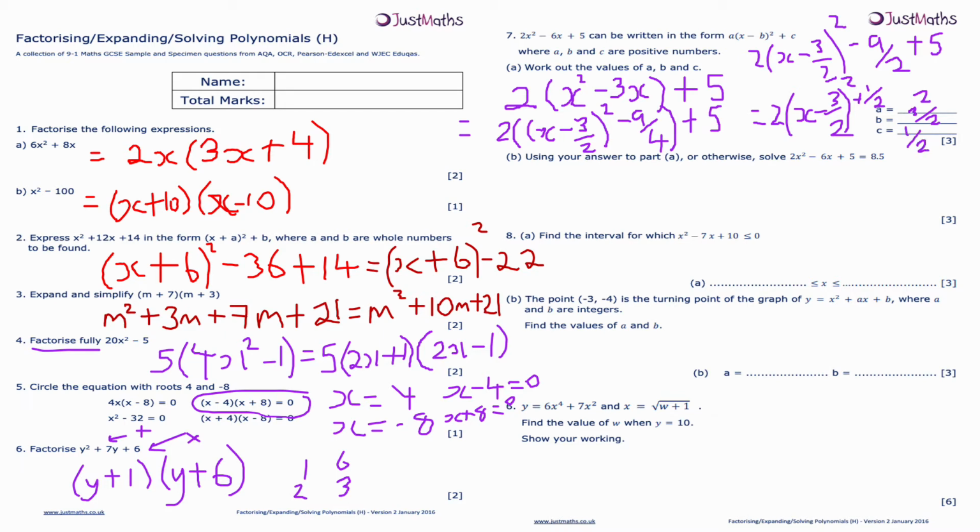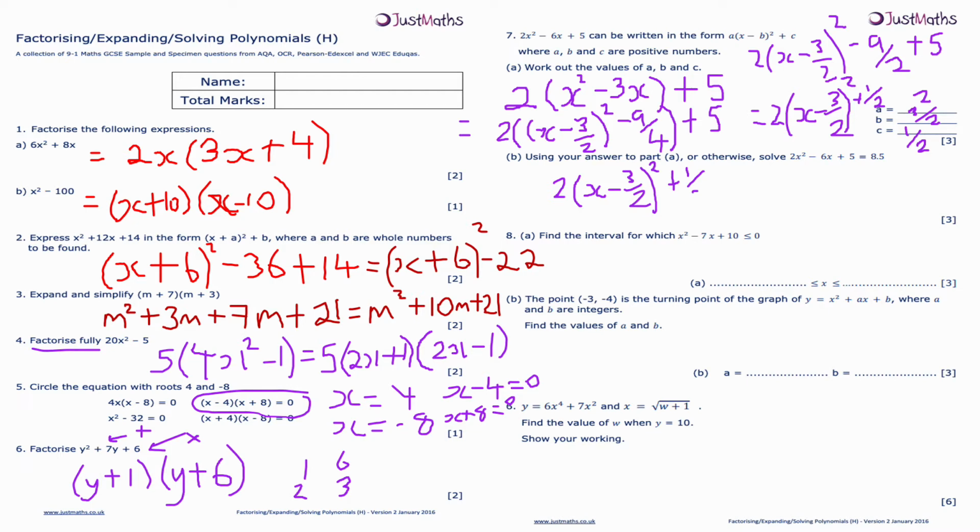Well, instead of writing this here, I'm going to write 2 brackets x minus 3 halves all squared plus a half, and that has to be equal to 8.5. Okay, so the first step here, guys, is I'm going to subtract a half on both sides.